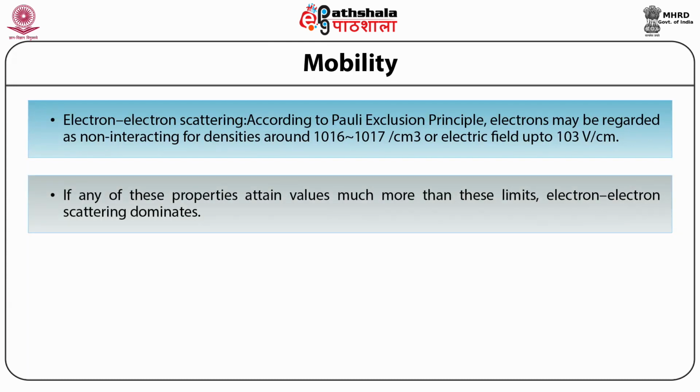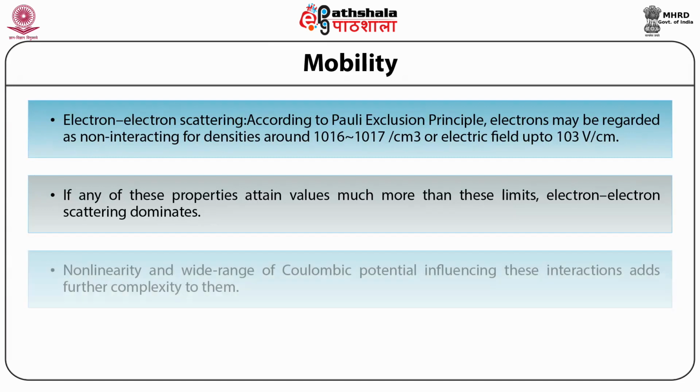If any of these properties attain values much more than these limits, electron-electron scattering dominates. Nonlinearity and the wide range of Coulombic potential influencing these interactions add further complexity to them.